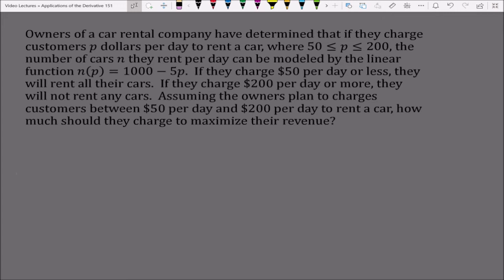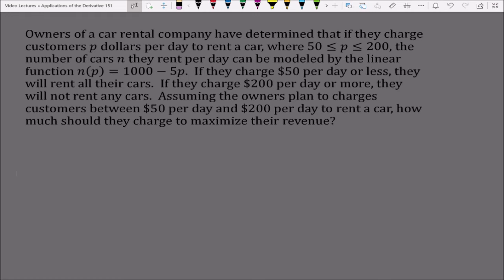If they charge $50 per day or less, they will rent all their cars. If they charge $200 per day or more, they will not rent any cars. Assuming that the owners plan to charge customers between $50 per day and $200 per day to rent a car, how much should they charge to maximize their revenue?